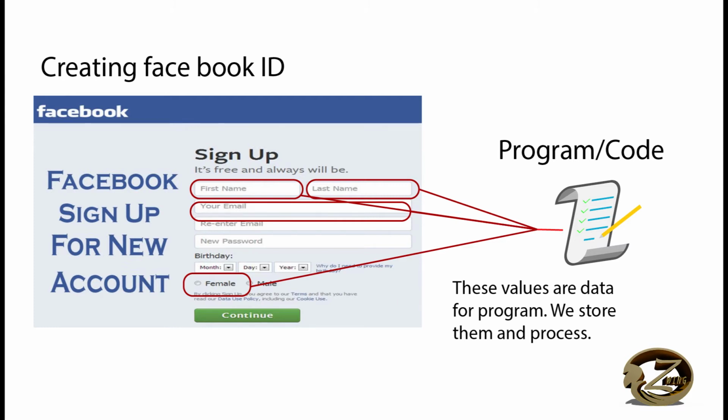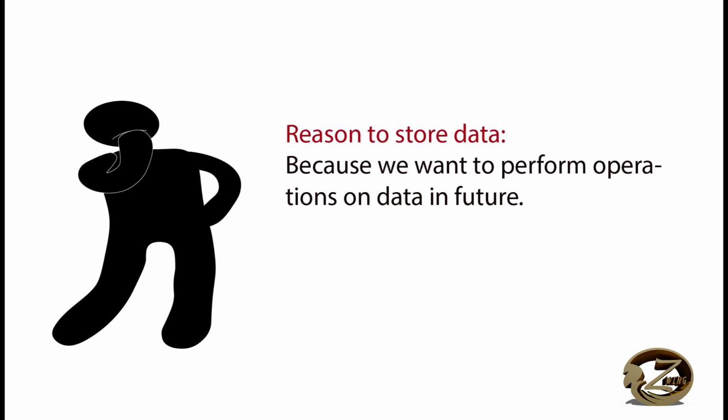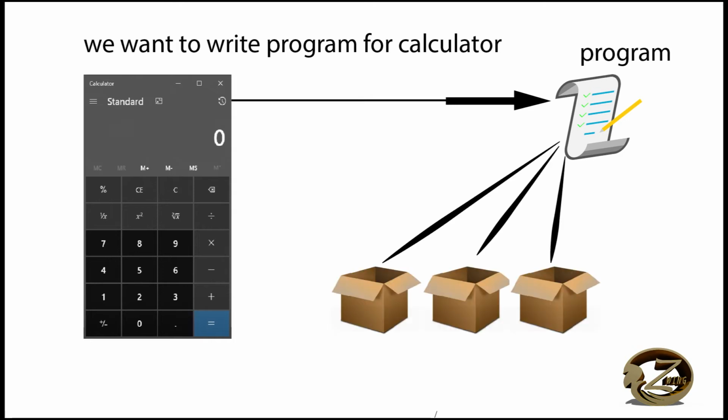Before discussing different types of data, let's understand how data is stored. We always want to store data in programs so that we may use that data for further processing. To understand this, let's take an example. Suppose we are writing a program for a calculator, then we want that program to hold our given inputs somewhere so that we may do some calculation on that data. Let me make this clear. If I enter 5, then it must be stored somewhere, say in this box.